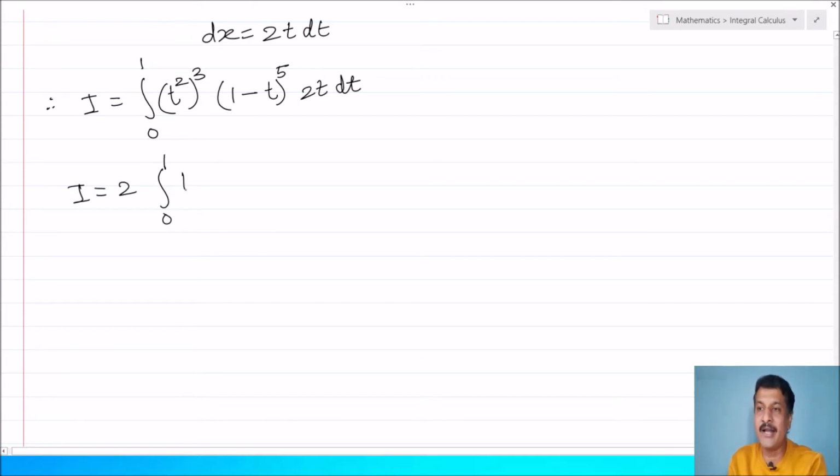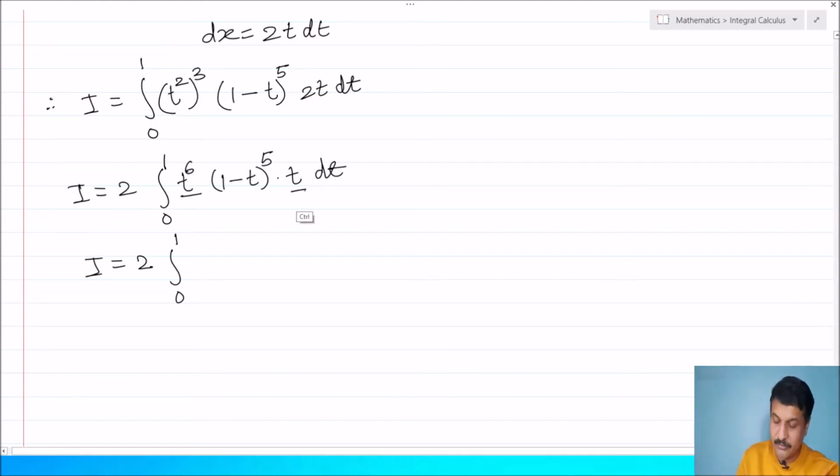Integration 0 to 1 of t raised to 6 into (1 minus t) raised to 5 into t dt. So I equal to 2 times the integral from 0 to 1 of t raised to 7 into (1 minus t) raised to 5 dt.